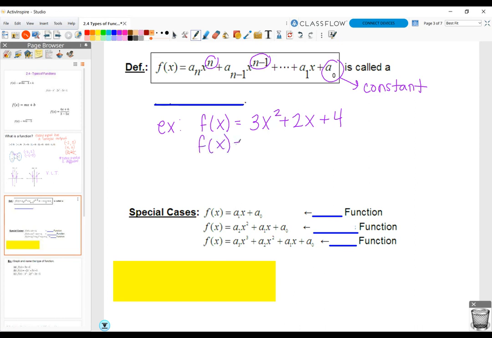Another, longer example would be 6x to the 6th plus 4x to the 5th plus 2x to the 3rd plus 4x squared minus 5x plus 7. Again, notice my exponents are going down, maybe by 1, maybe by more than 1, every single time. So this is called a polynomial function.